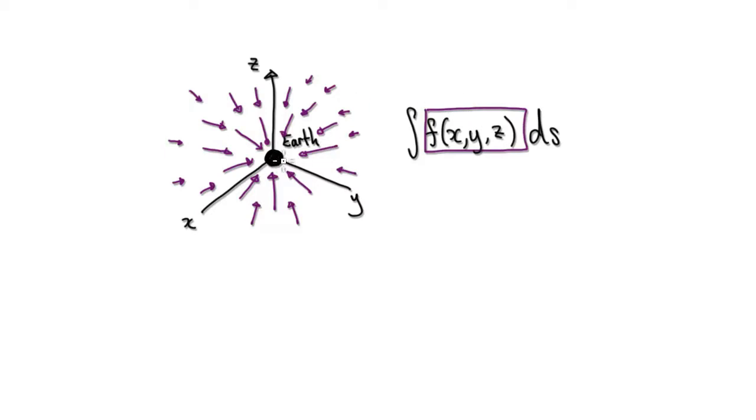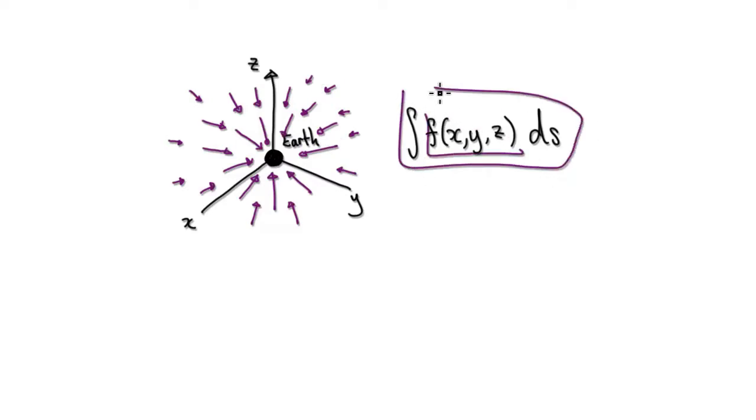Let's just imagine Earth is located right at the origin. Depending on where you are in 3D space, gravity is stronger when it's nearer Earth, whereas if it's really far away, gravity is weaker. That's why this vector here is smaller than if you're here. The vector here is stronger. The point here is that the integral has some sort of meaning in real life.